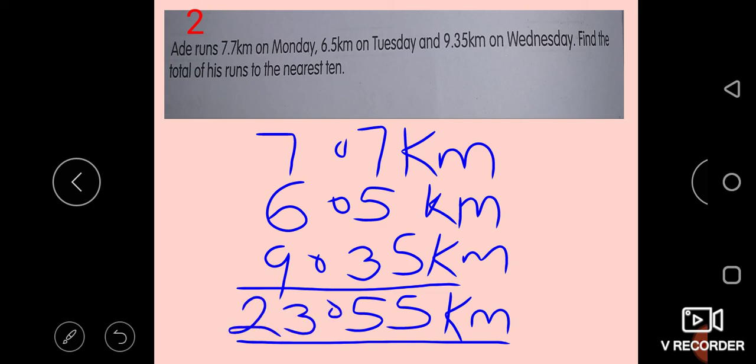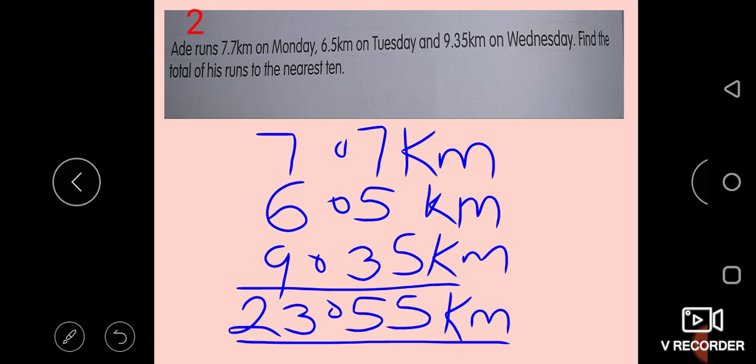So the total runs or distance is 23.55 kilometers.